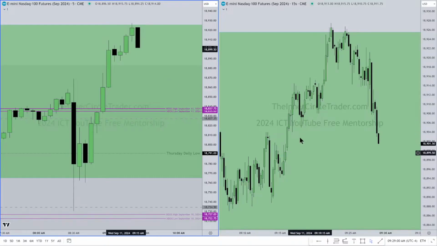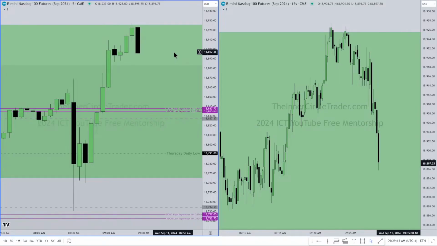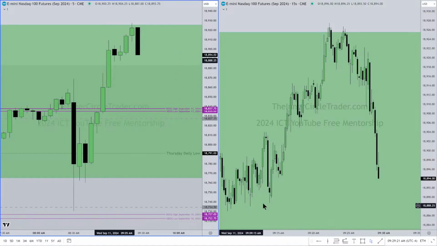I'm watching this inefficiency right here on the 15-second and with the order block right there on the 5, seeing if they have any interest in that. Maybe as an inversion. There's a sell side resting right down at 888s, 886s, right in here.